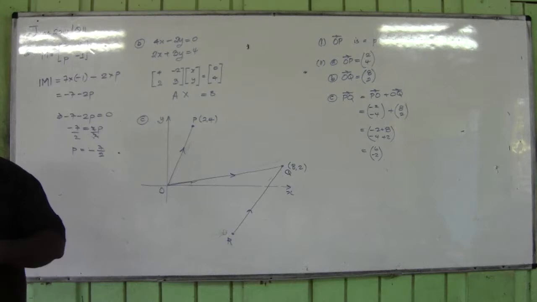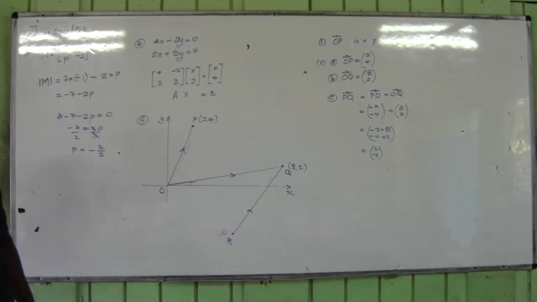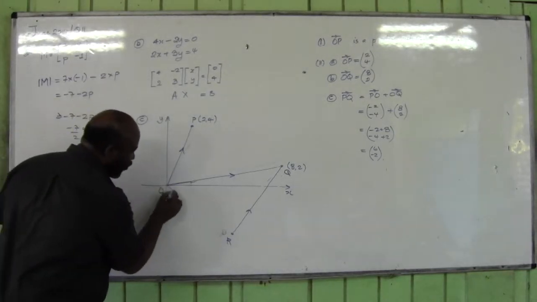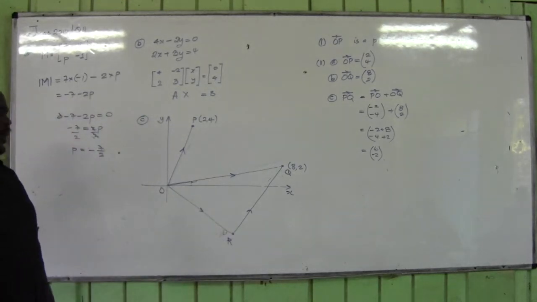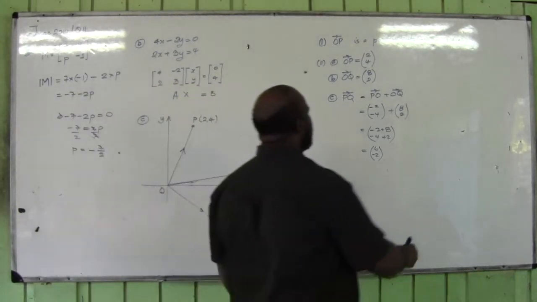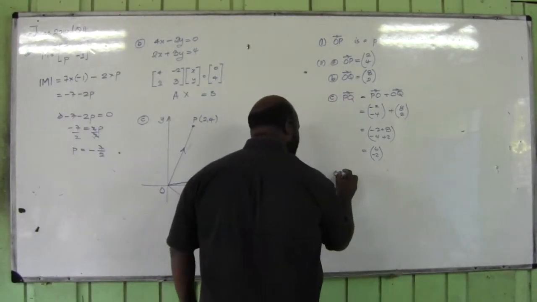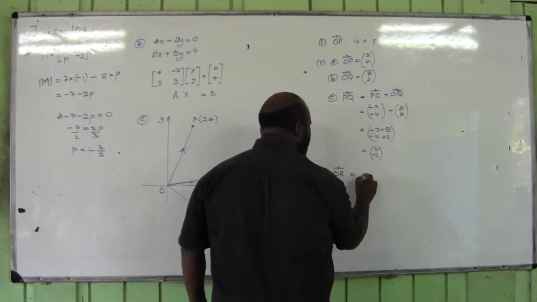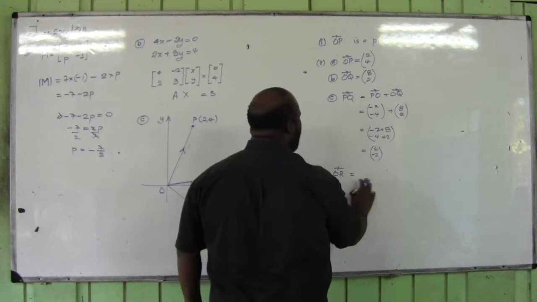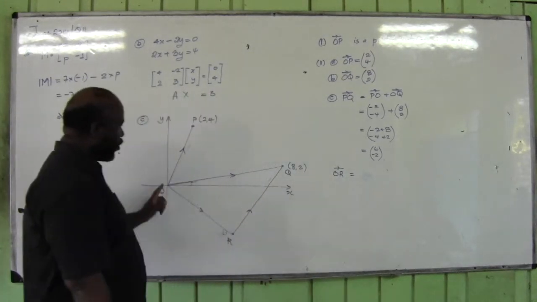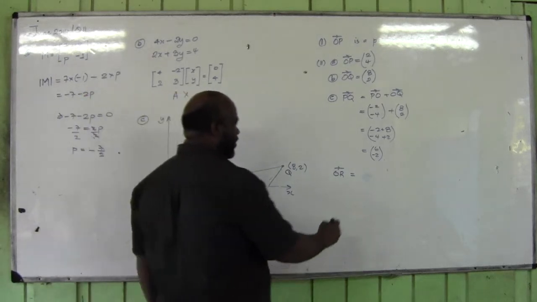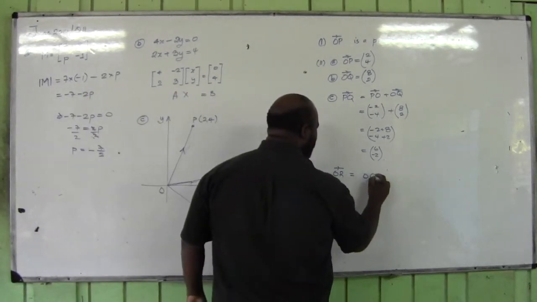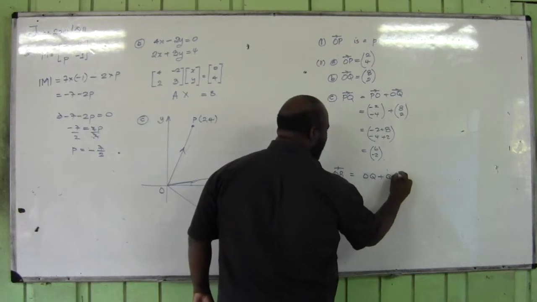So let's find the position vector OR using the triangle law of vectors. OR would be equal to OQ plus QR.